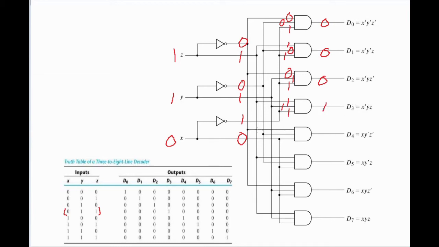Okay, the first one here will get 0, second one will also get 0, and the third one will get 0. So this is 0. Here we'll get 1, the second one will get 0, the third one will also get 0. So we'll get 0 here.